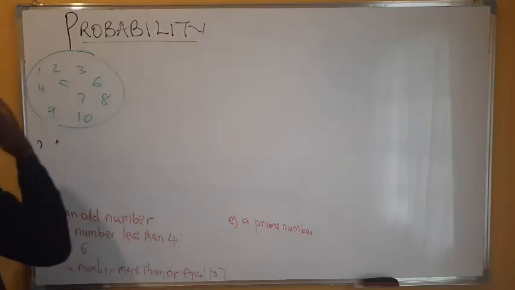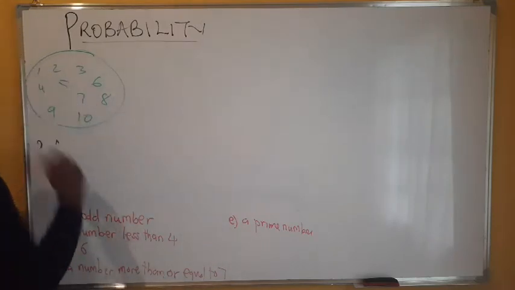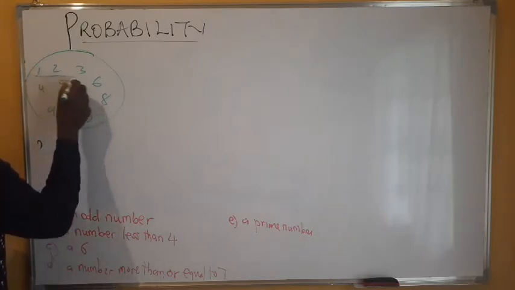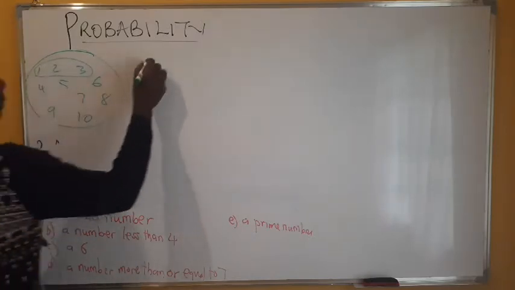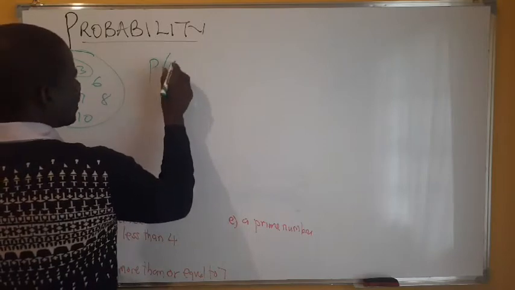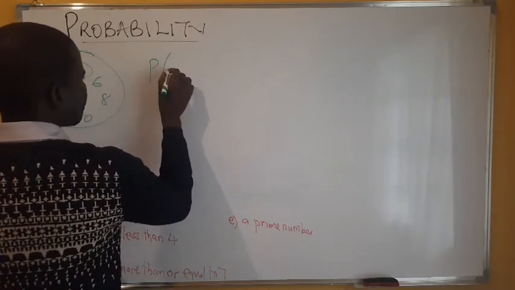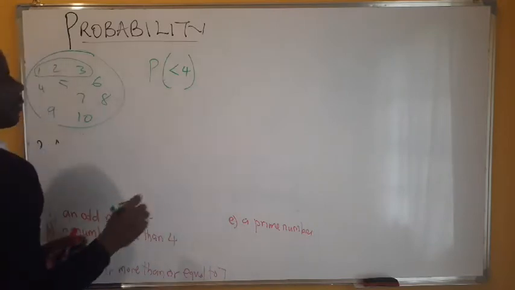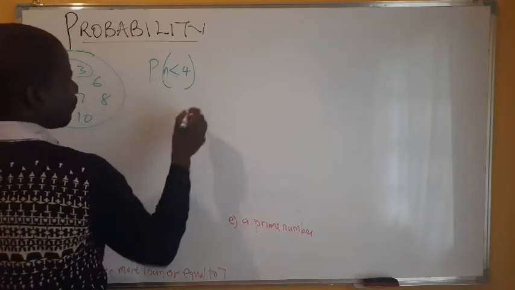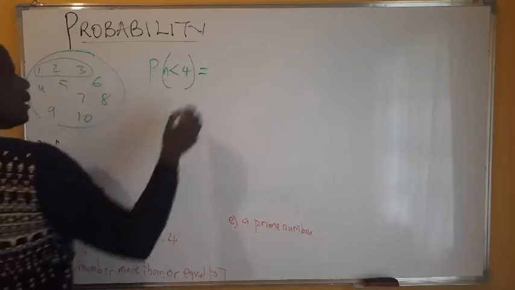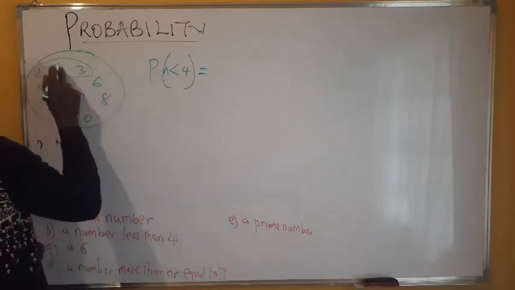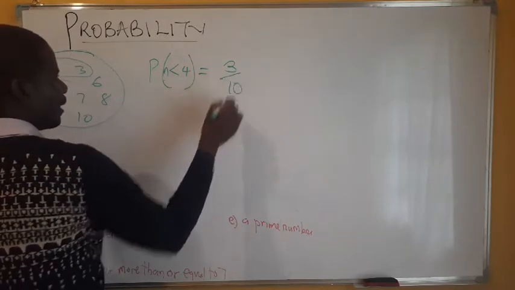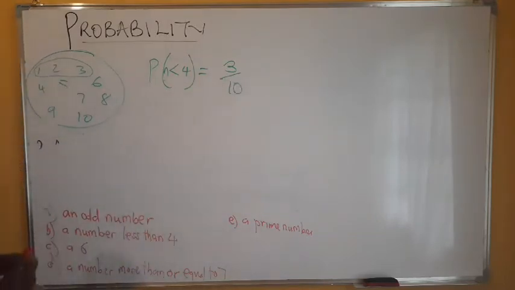How many numbers are less than 4? There are 3. So the probability of picking a number that is less than 4 is equal to what? There are 3: 1, 2, 3. The numbers that are less than 4 here are 3 over the total, the sample space.